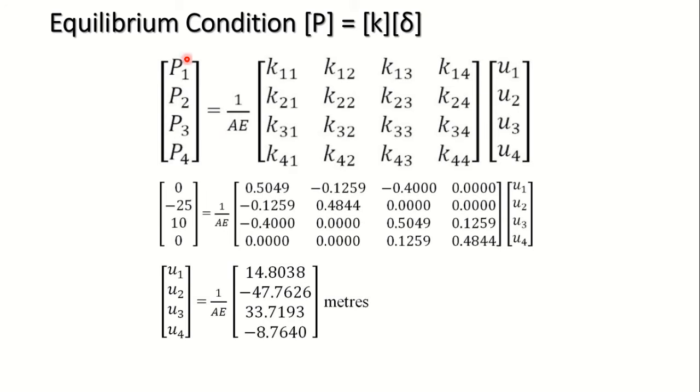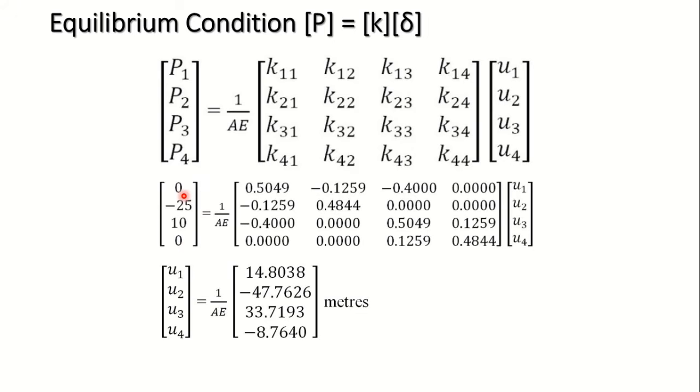These are the joint forces, the forces which are directly applied at the joints. Here we have a load of 25 kilonewton applied in the second coordinate in vertically downward direction, but the direction of this force was opposite to the direction of the coordinate, so minus 25. P3 is the force applied in the third coordinate. It was 10 kilonewton towards right, so this is 10. And in the first and fourth coordinates, no forces were applied, so 0, 0.